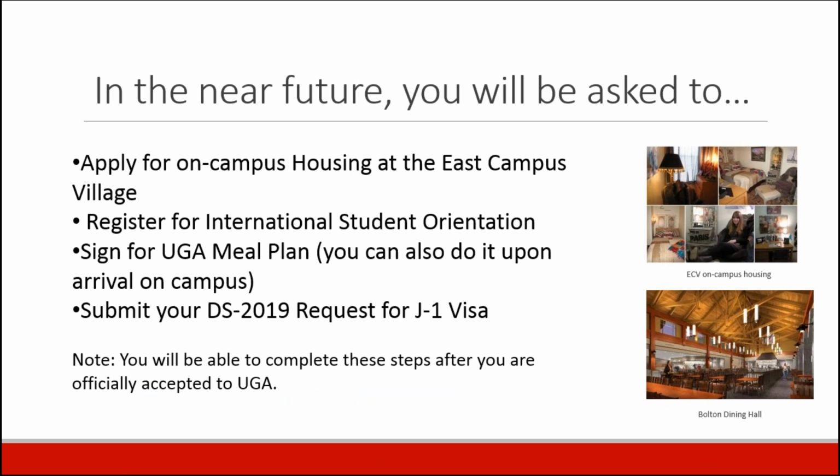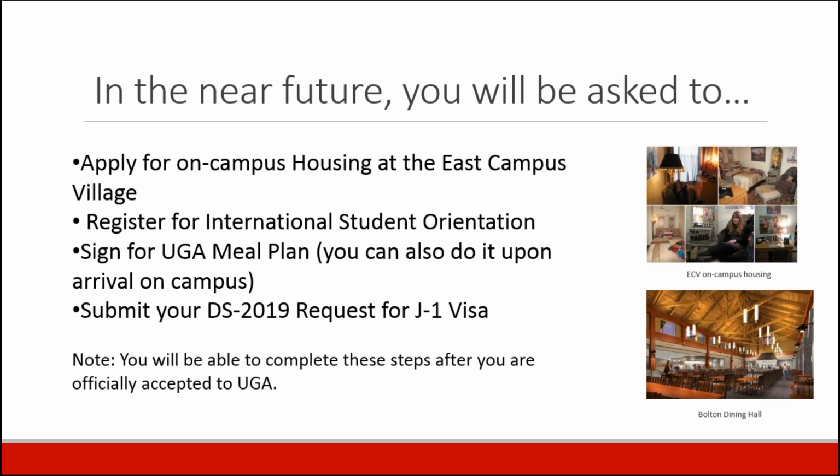And in the near future, you're going to be asked to apply for on-campus housing at the East Campus Village if you choose to stay on campus. Register for the International Student Orientation, which is the week-long orientation for all incoming degree-seeking and exchange international students. You're going to sign up for your UGA meal plan, and you can also do it upon arrival on campus.